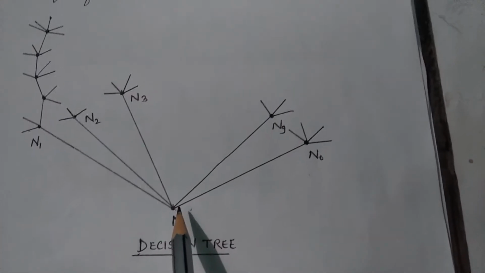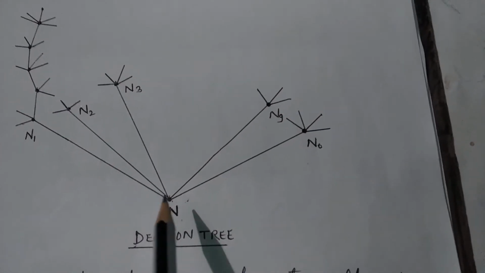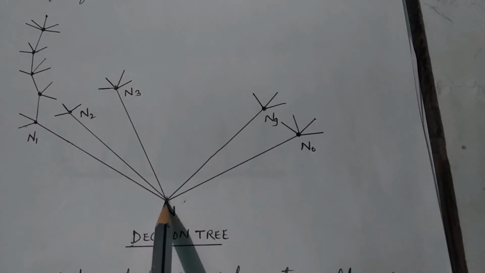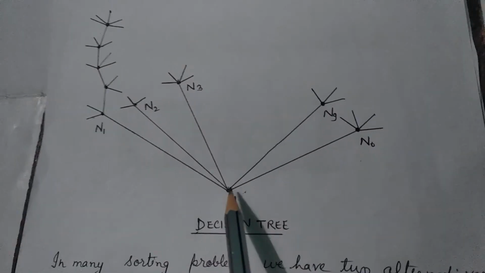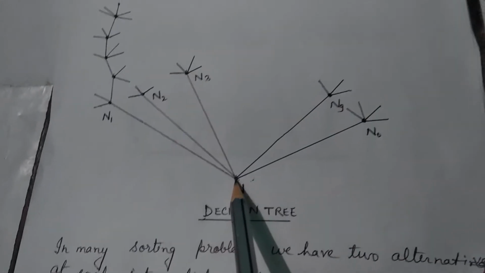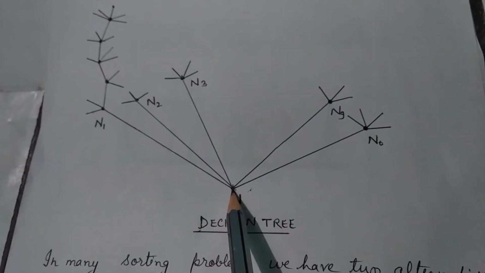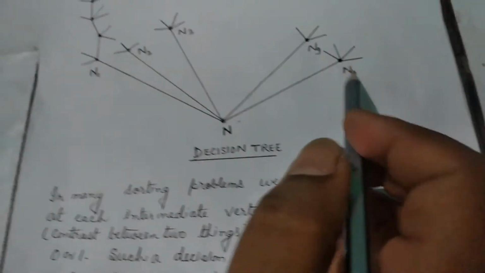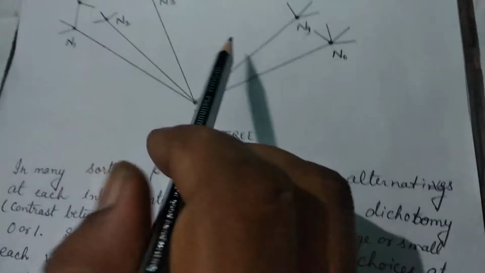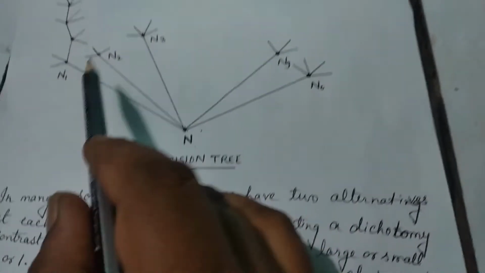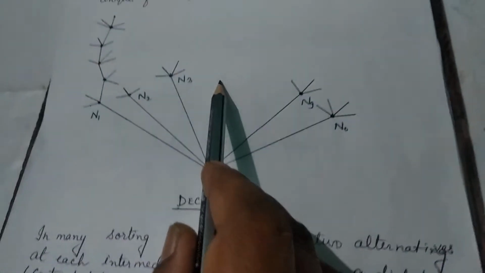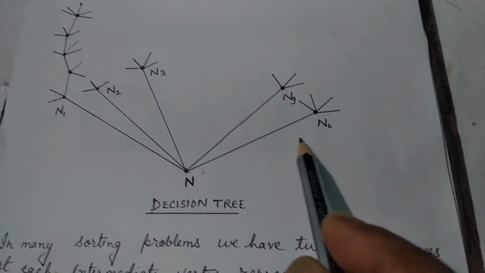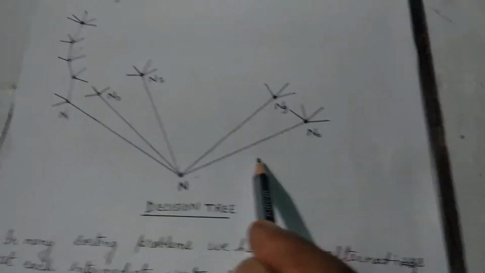All the mails arrive at some local office vertex N. The most significant digit in the zip code is read at N, and the mail is divided into 10 piles N1, N2, N3, N4, N5, N6, N7, N8, N9 and N0, depending on the most significant digit.